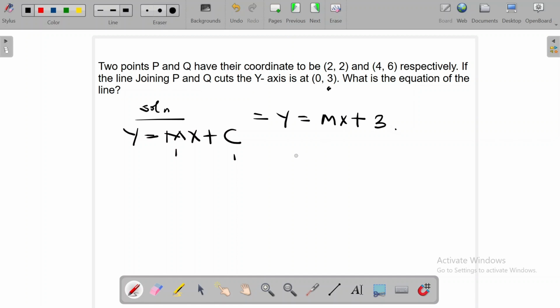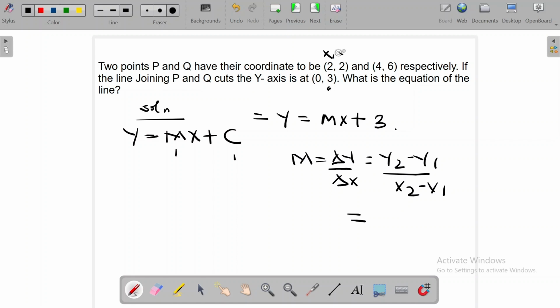What is the m? Remember, m is giving us a change in y over a change in x, which is y2 minus y1 over x2 minus x1. So I can say this is x1, y1, x2, y2. So substitute it here, what is my y2? It is 6. What is my y1?